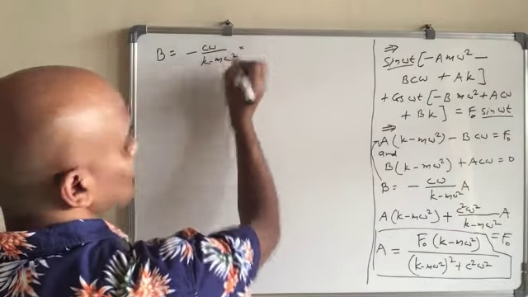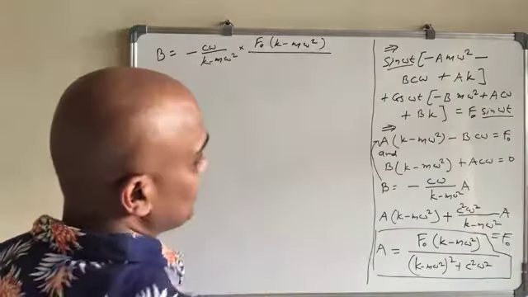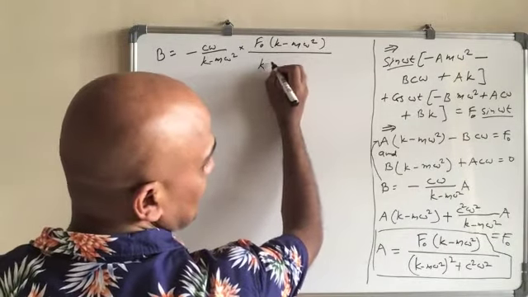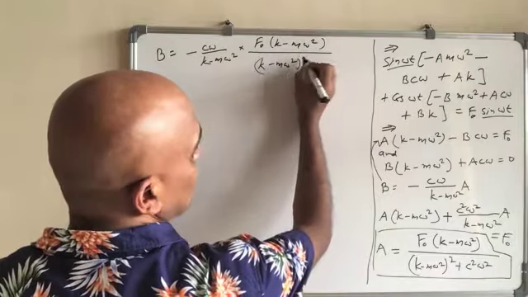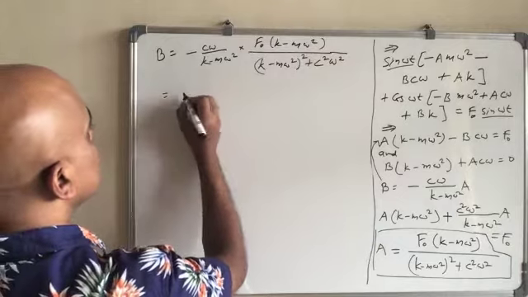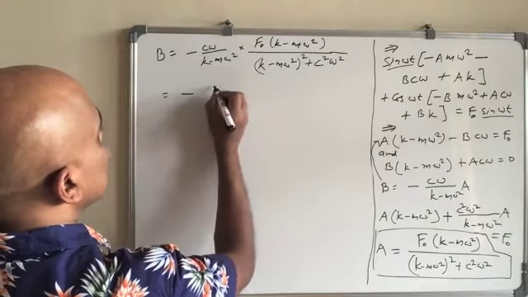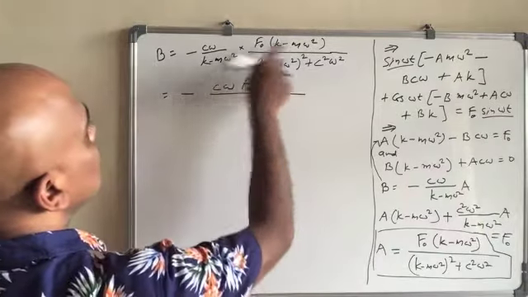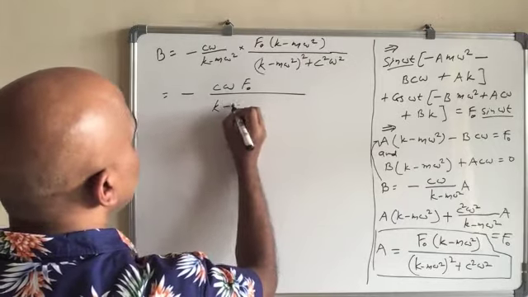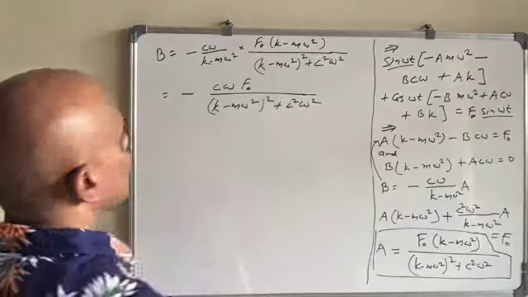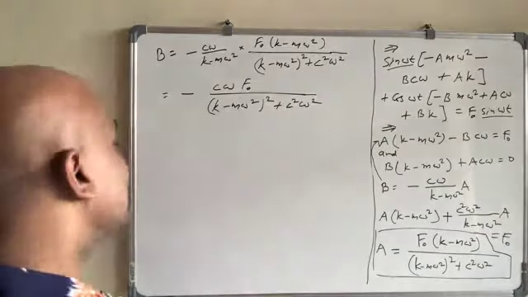Hence we get b equal to minus c omega f naught over (k minus m omega square) square plus c square omega square.